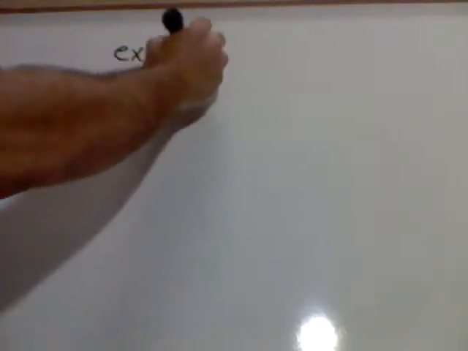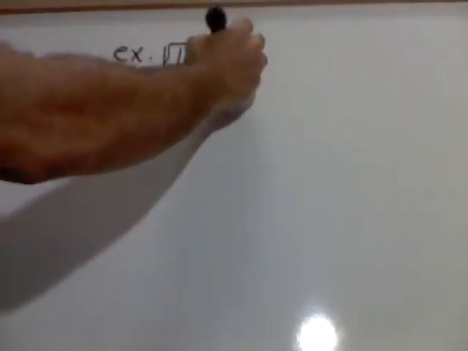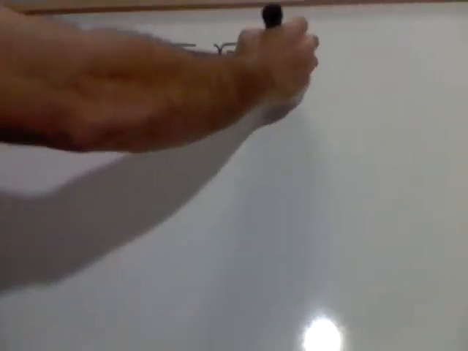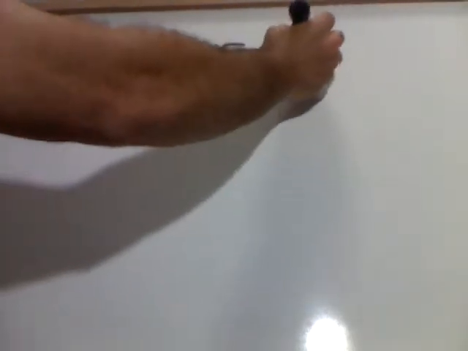First example, square root of 12 minus square root of 27 plus square root of 75.